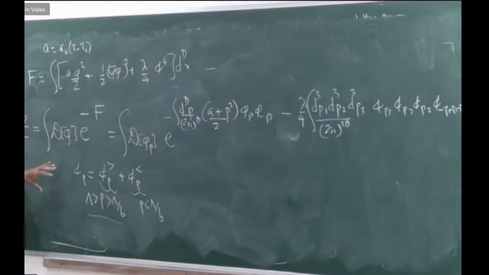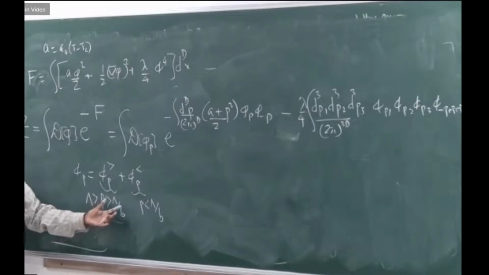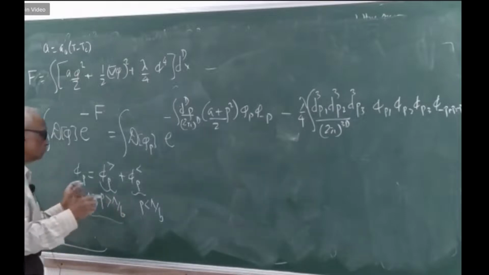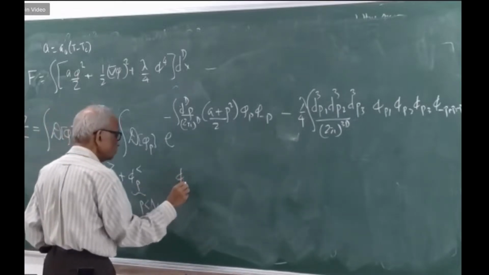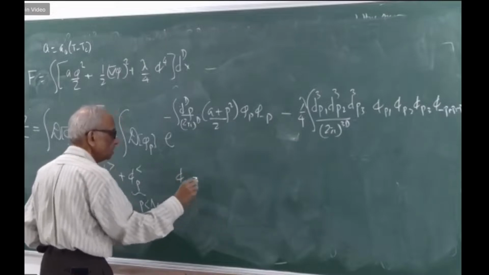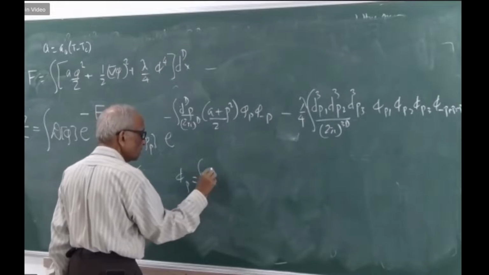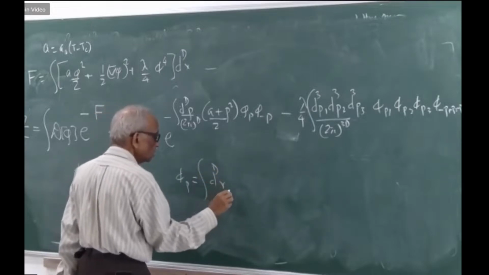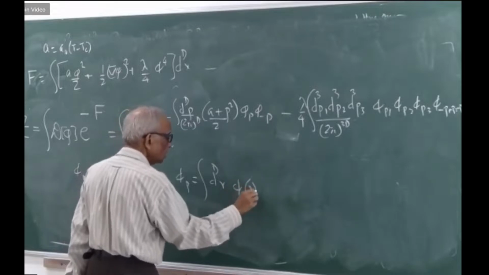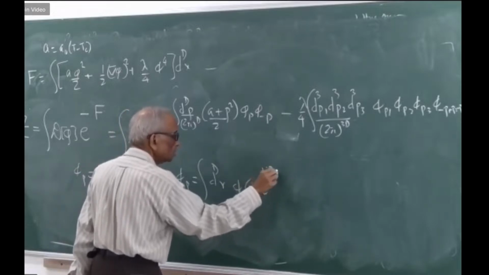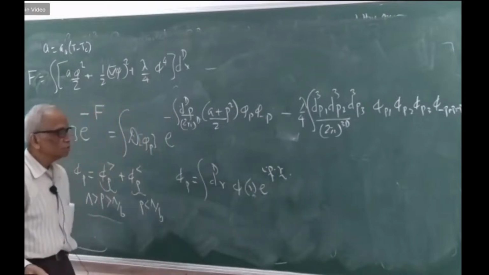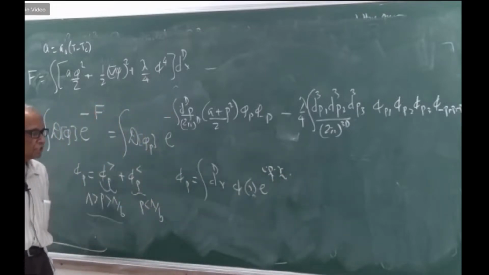So our attitude was to split p into these two ranges. And going from this to this, phi p in terms of the Fourier transform is equal to the integral d^dr phi r e to the power i p dot r. So that is the Fourier transform.